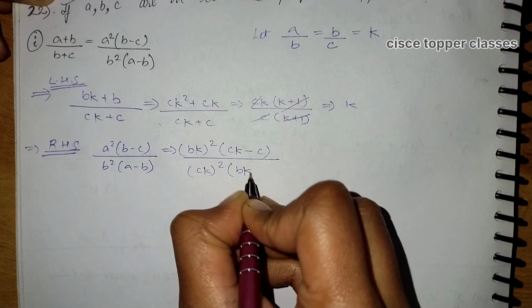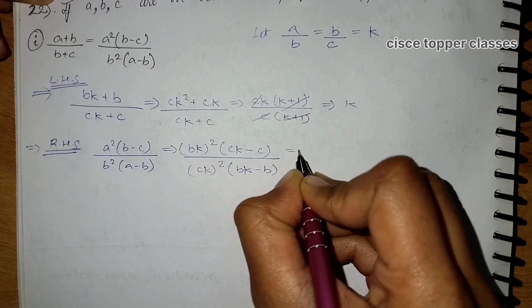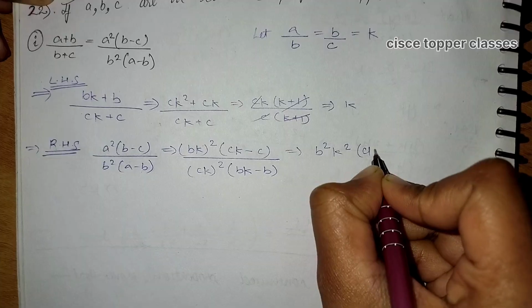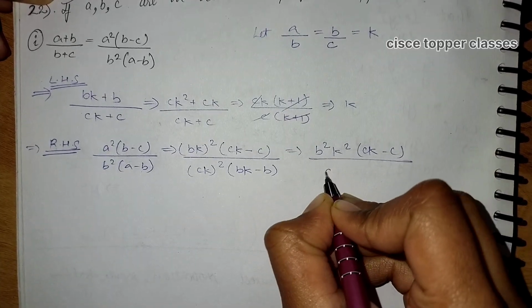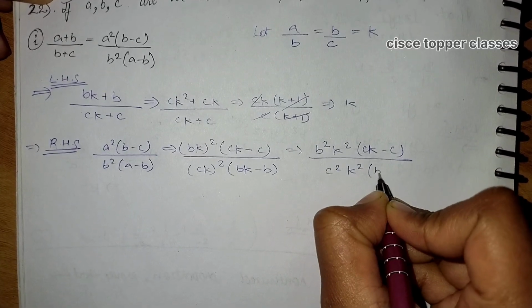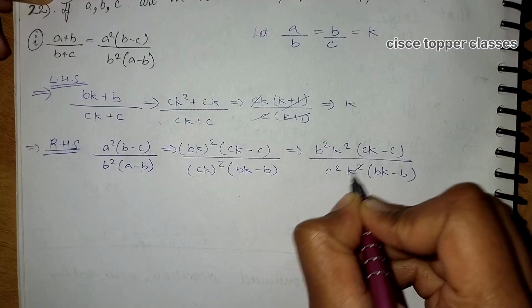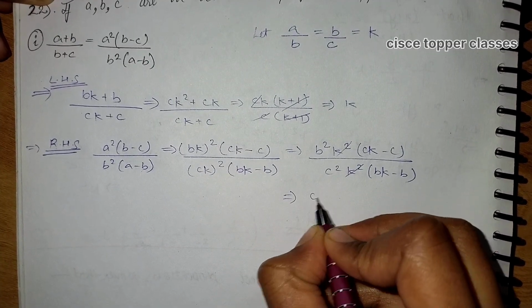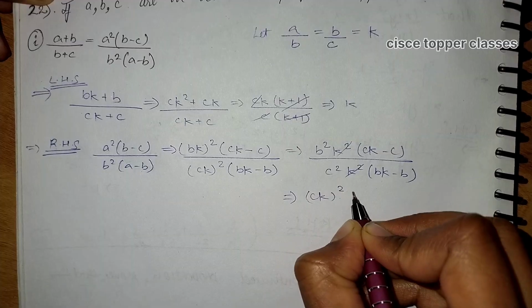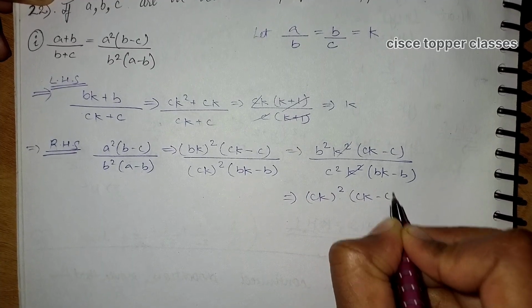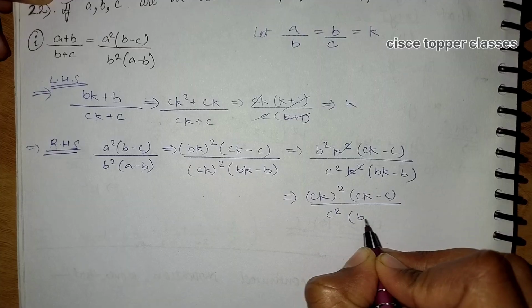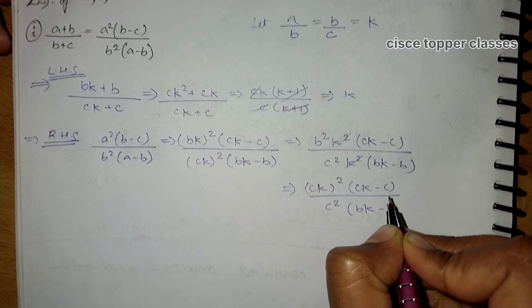A will become BK minus B. Then again it will become B square K square (CK minus C) divided by C square K square (BK minus B). Then this will cancel out. In place of B square we can write (CK) whole square. In place of CK, then minus C divided by C square upon BK minus B.